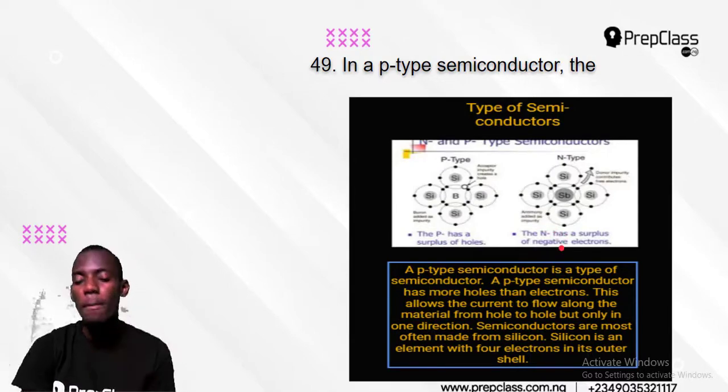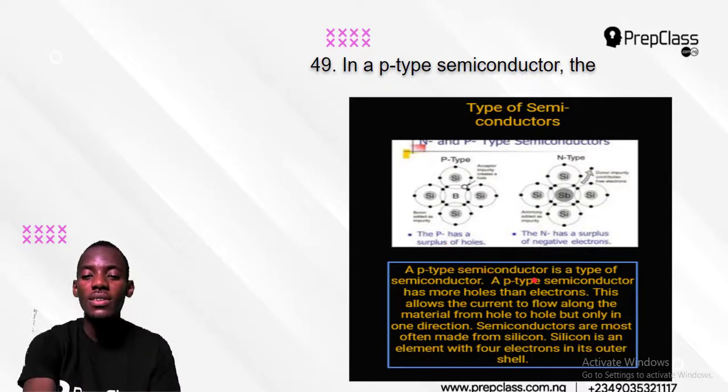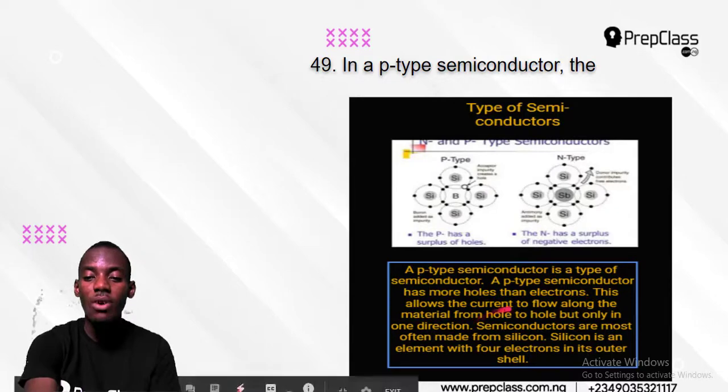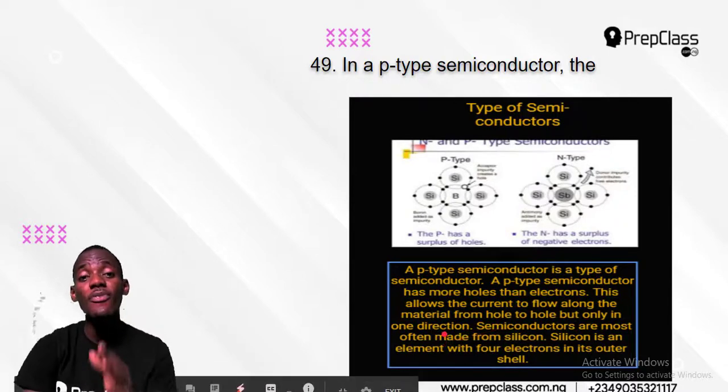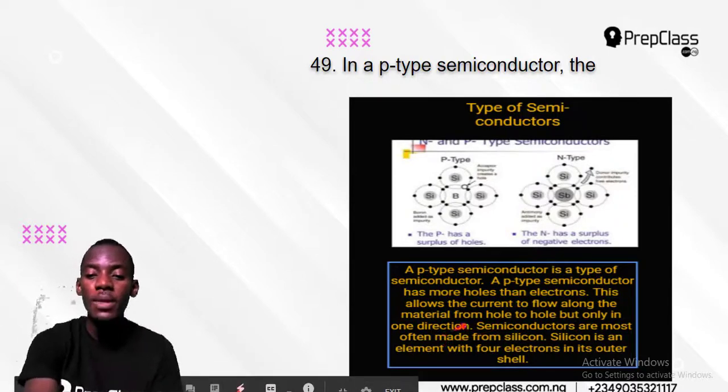That already answered our question. But for the sake of broader understanding, a p-type semiconductor is a type of semiconductor that has more holes than electrons. That has been said here. This allows the current to flow along the material from hole to hole, but only in one direction. Now, semiconductors are more often made from silicon.